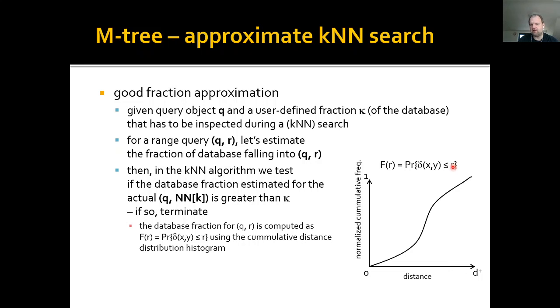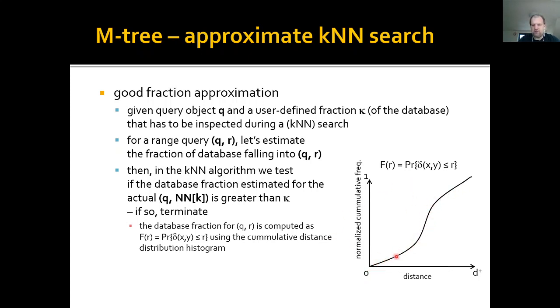Of course, this is the query radius, and we compute from the distance distribution on the data a function that says, with increasing distance, what is the probability, or in this case the frequency, of these distances in the distance distribution that are below r. So r is here, right? If r is maximum, everything, 100%, will be below r, and if zero, nothing will be below zero, and in between there is some distribution.